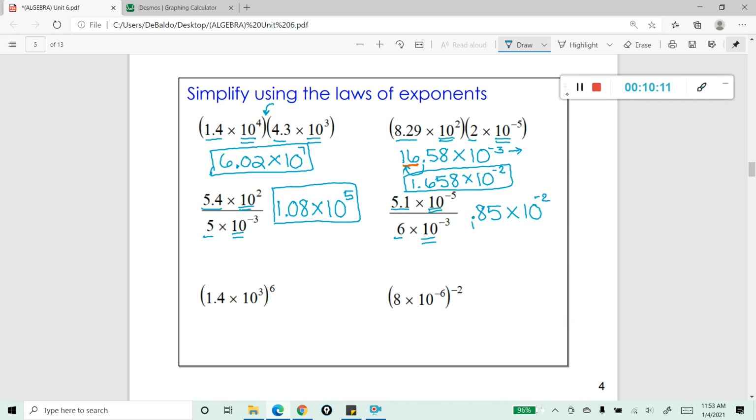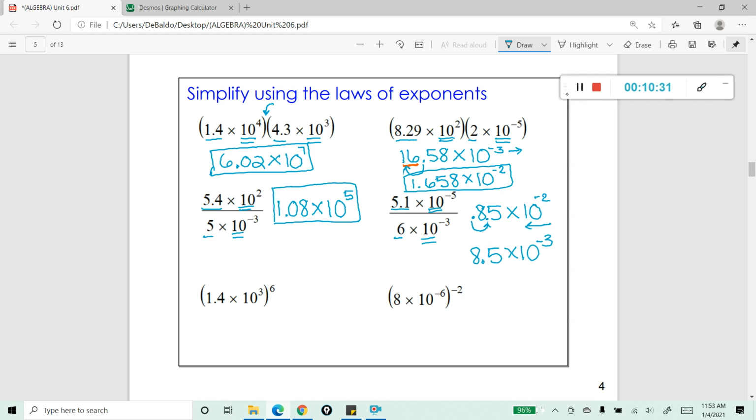This time I'm going to move my decimal one space to the right. If I do that, that means I have to take my exponent and I need to move it one space to the left. And that's going to leave me with 8.5 times 10 to the negative 3.